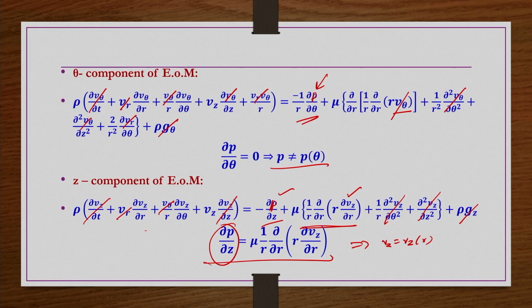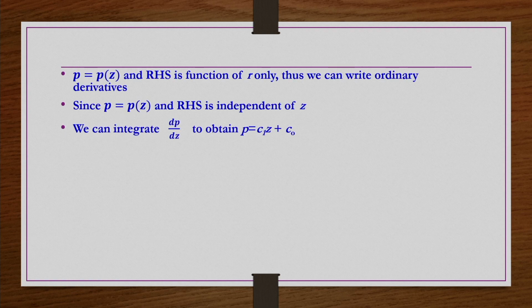Since pressure is not a function of r and theta, but is a function of z only, dou p by dou z, whatever it is, you can treat as a constant, and then when you integrate, you get the pressure P is equal to C1 z plus C naught. At z equals 0, P is equal to P naught, so C naught is equal to P naught.